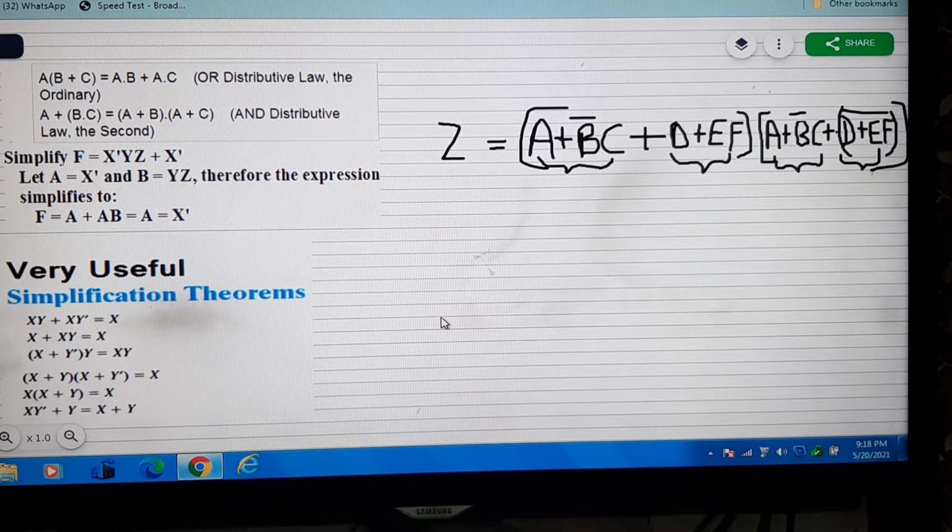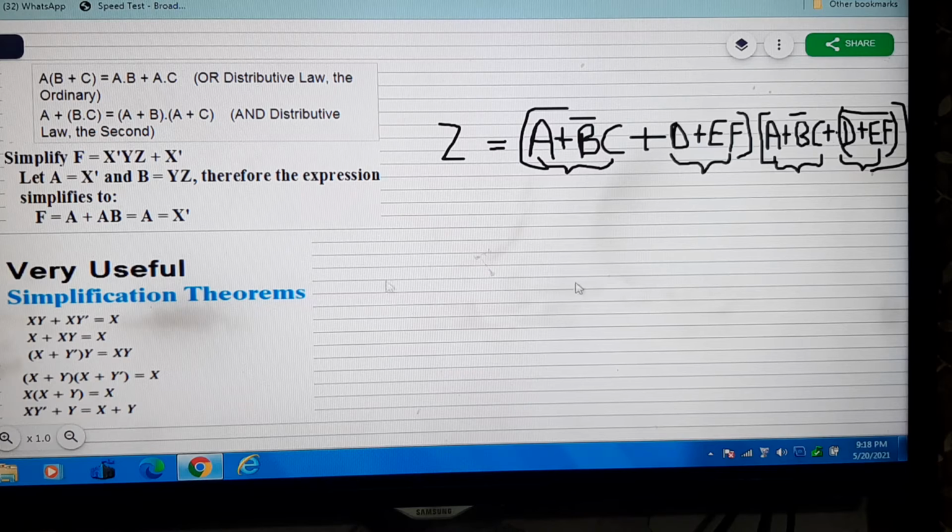Simplifying an expression leads to simplifying the corresponding logic circuit. A logic circuit for the simplified Boolean expression performs the identical function with fewer logic components as compared to its original form.